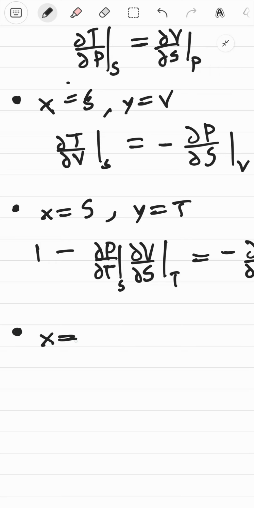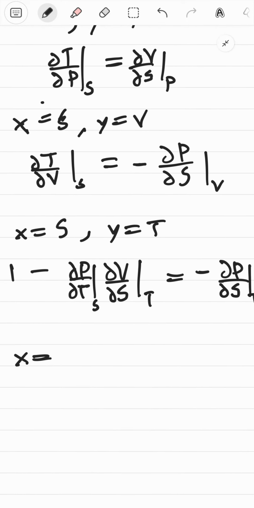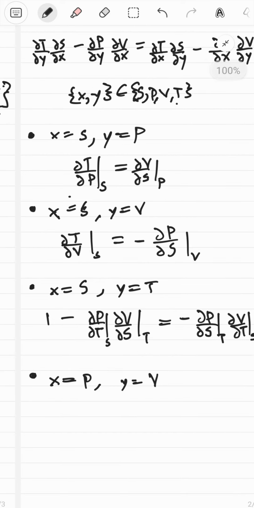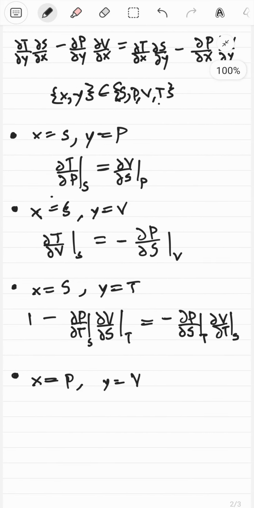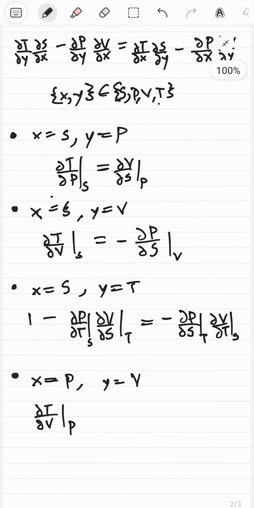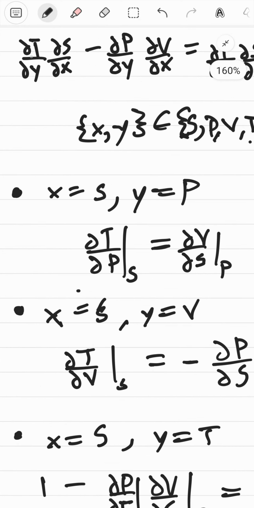So now we'll put x equal to something different, not entropy. So it's P, and y equal to V. Yeah, the usual PV thing that we use all the time. Okay, so let's do it. So what do you have? You just have partial T by partial y, which is partial V, under constant x, which is P, times partial S by partial x, right? So notice this is basically like TdS minus PdV, so you can sort of relate it to that.